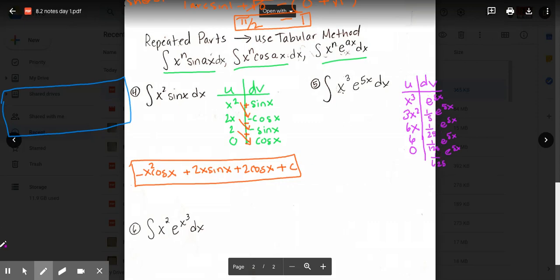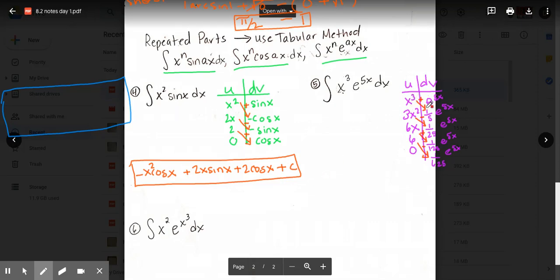Okay, so next thing we do is we multiply the diagonal and alternate signs. So this is plus, minus, plus, minus. Okay, and your answer is right here, so we're going to write it out.